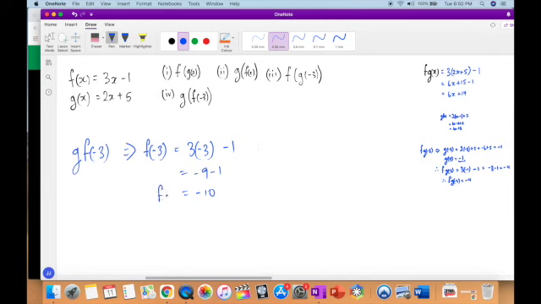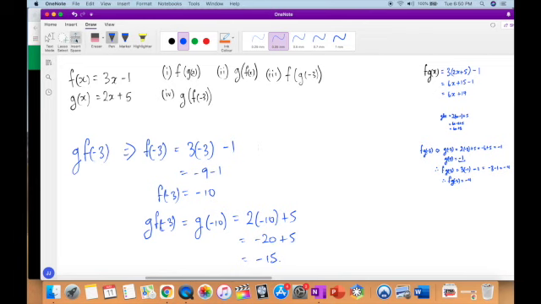That is, the f of negative 3 is negative 10. So therefore the g of the f of negative 3 is really the g of negative 10, which is 2 into negative 10 plus 5, which is negative 20 plus 5, which is negative 15.